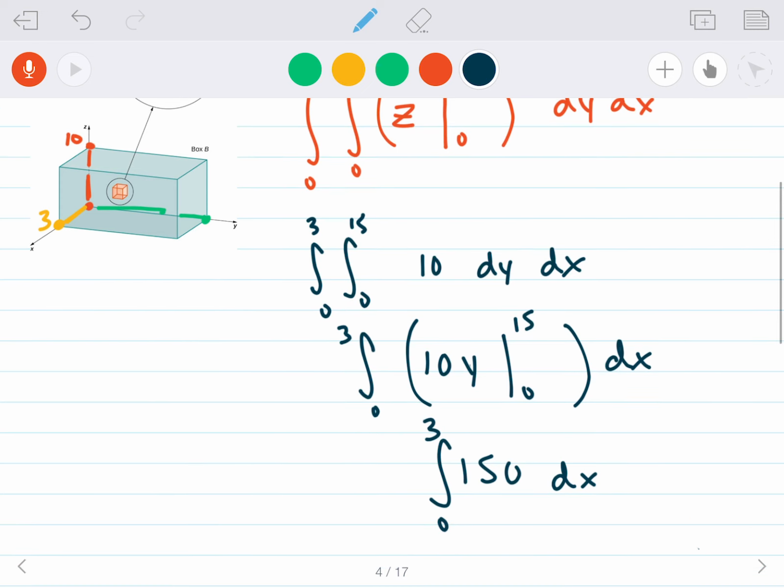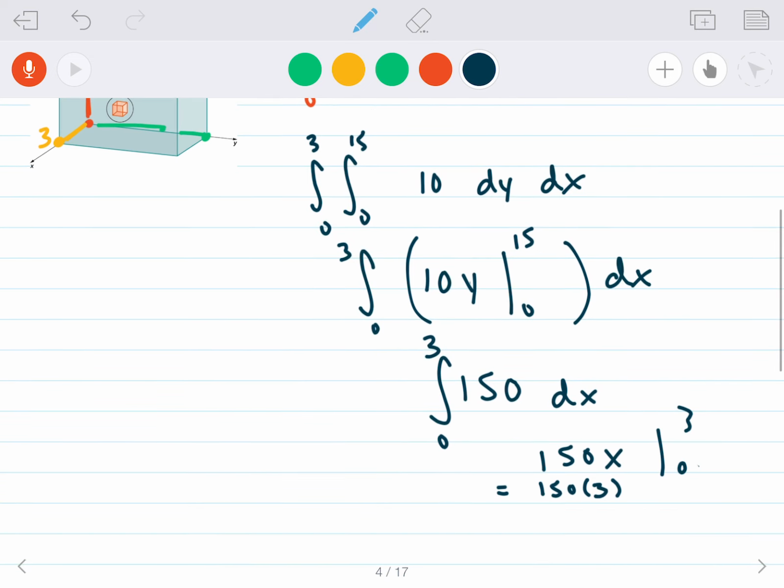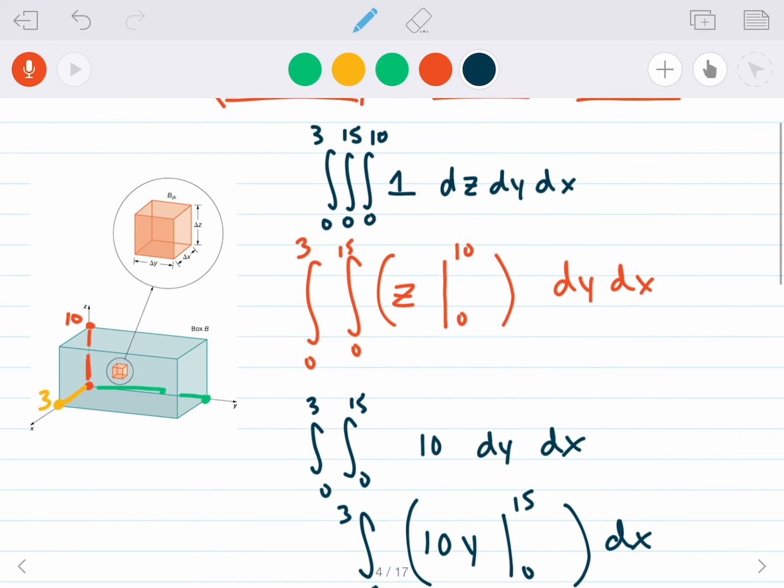And finally, I'll integrate this guy with respect to x. So that's just going to be 150x, and I'm going from 0 to 3. So that's just 150 times 3, which is 450. Alright, so that's my volume.